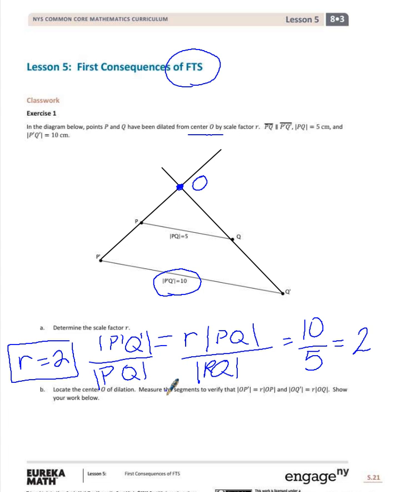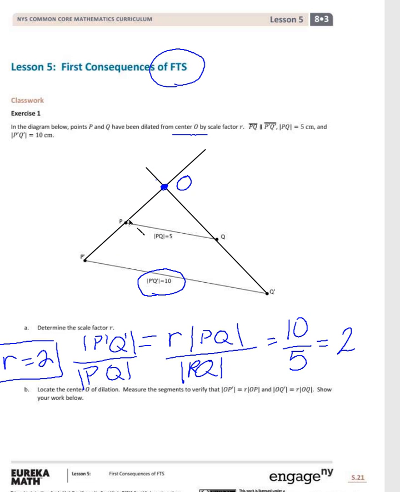Now it says measure the segments to verify that OP prime is right here. Let me get my, OP prime is right there. And OQ prime, and we want to show that OP scaled is OP prime and OQ scaled is OQ prime.